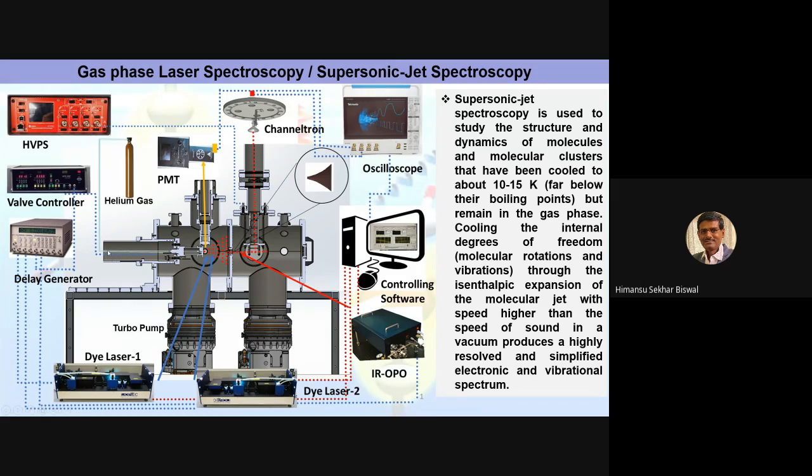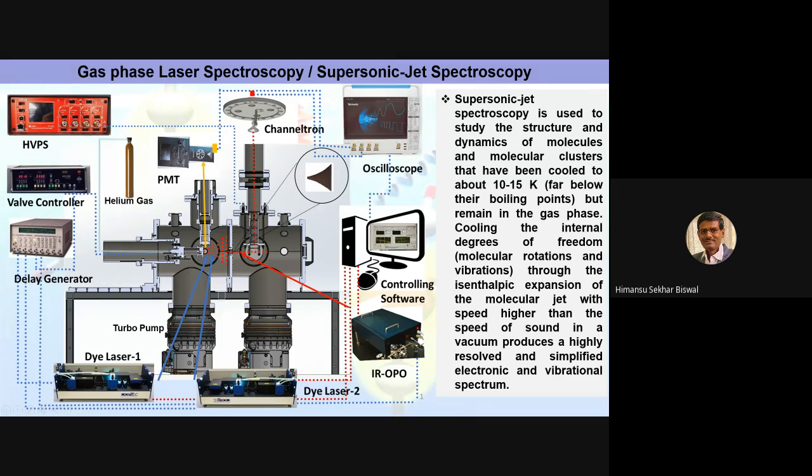The helium and the sample mix, which is called the pre-expansion. Then it expands through an orifice. There is a pulse valve, and at the end of it there is a very small orifice, a hole of 300 micron, opening to a vacuum chamber. We have two vacuum chambers, one maintained at 10 to the power minus 6 torr, the other at 10 to the power minus 8 torr.